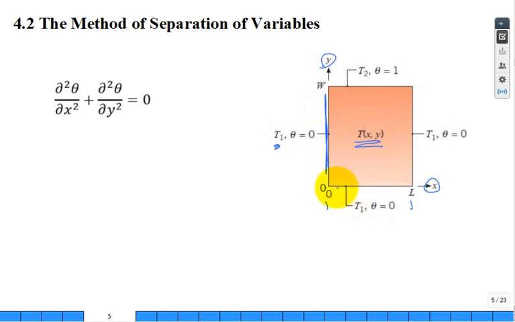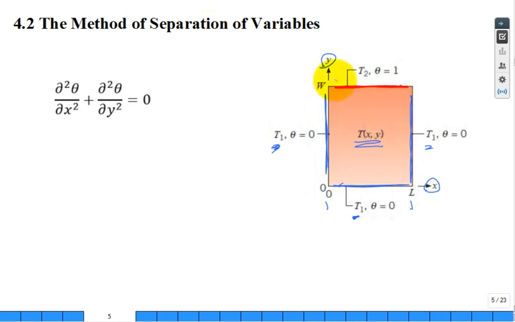The temperature on this edge is given. Maybe T1 and T1 are both the same temperature, as well as this edge. All three edges have the same temperature, T1. What about the top edge? It's the only edge that has a different temperature, and it's all constant temperature.